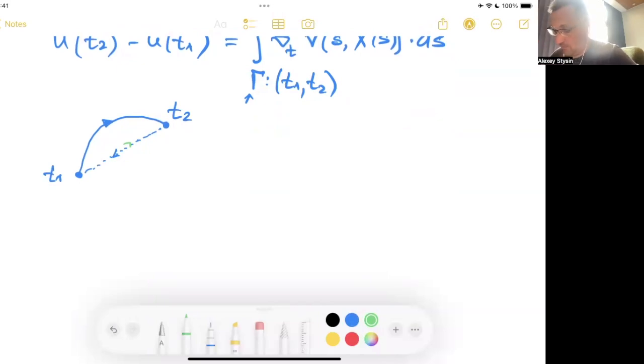Well, we have the cyclic monotonicity condition. So the cyclic monotonicity condition tells us that the integral, let me write it as J, of the gamma that goes from t1 to t2, plus, and now the jump back.